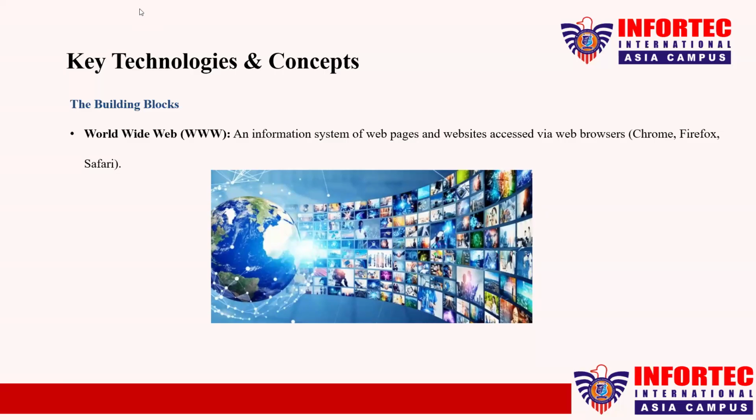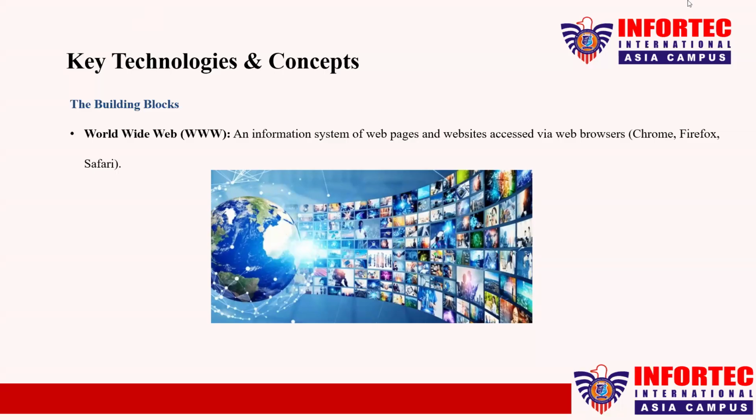So the very first thing that we are going to do is understand the concept of World Wide Web, WWW. It is an information system of web pages and websites accessed via a web browser.